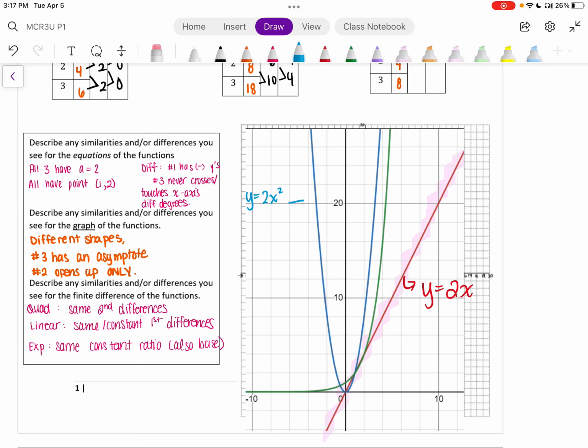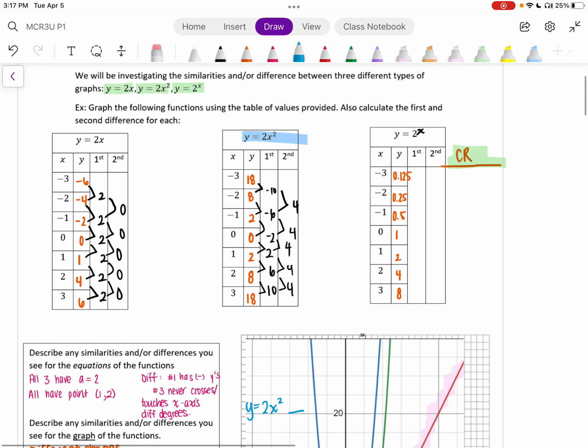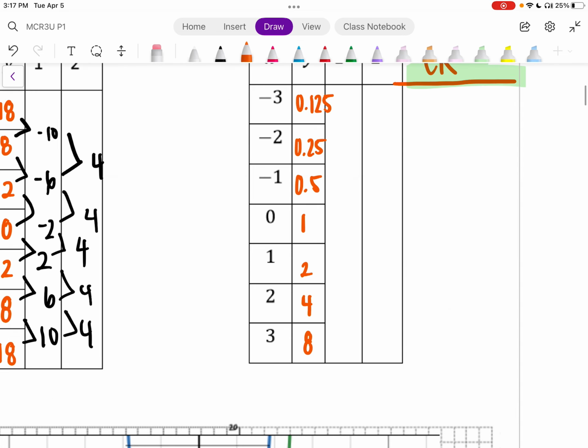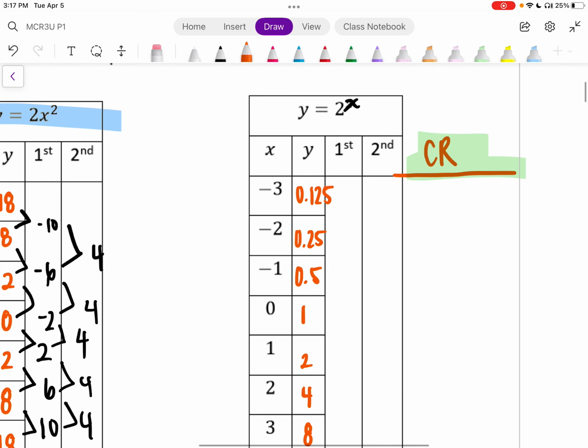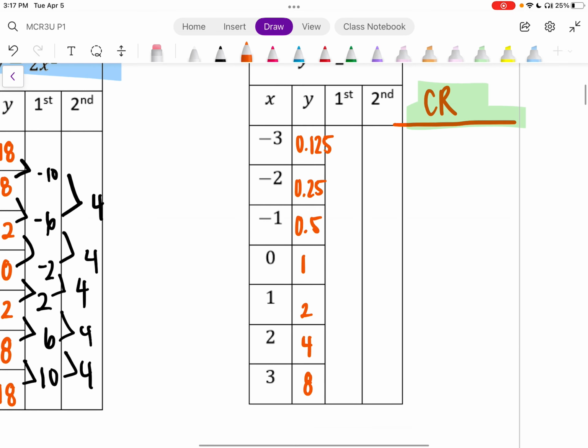Then you're going to do the same thing for the next one, y equals 2 to the power of x. Now your x is actually going to be your exponent. So you put in 2 to the power of -3, which I already wrote in, gives me 0.125. 2 to the power of -2 is going to be 0.25.